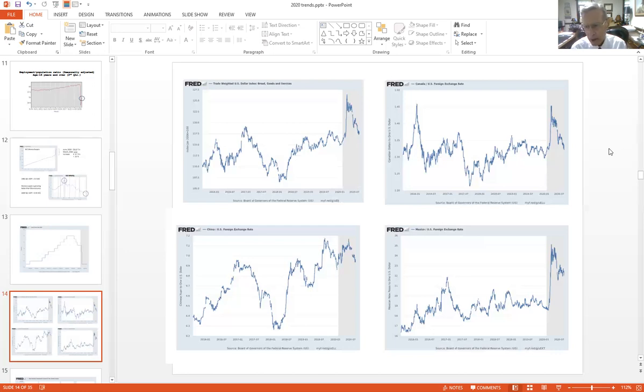I haven't calculated the percent, but from $1.45 to, call it, $1.32, that's almost a 10% decline, and that's pretty severe. And I'll explain why in just a second. First, let's just look at the other charts.